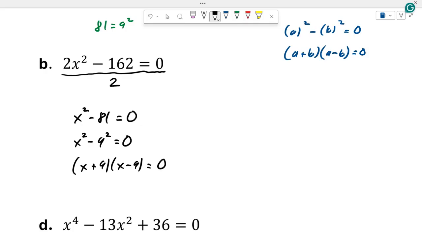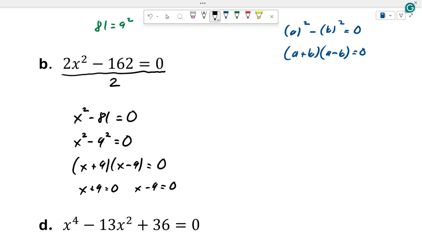Now, just like before, I have a product. I have x plus 9 times x minus 9, and I get 0. The zero product property says the only way that can work is if at least one of your factors equals 0. So we have x plus 9 equals 0, or x minus 9 equals 0.